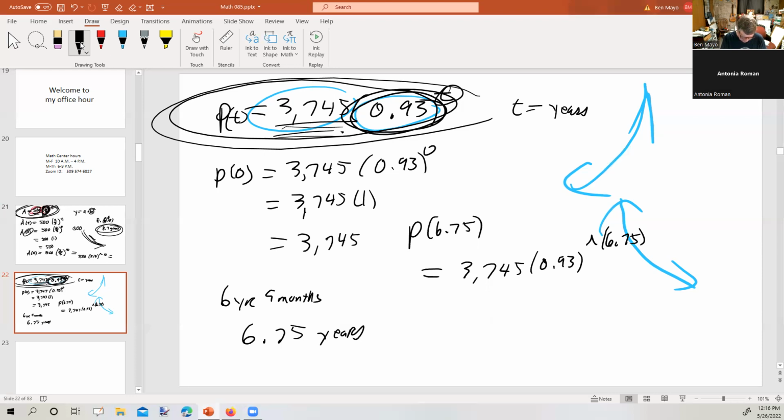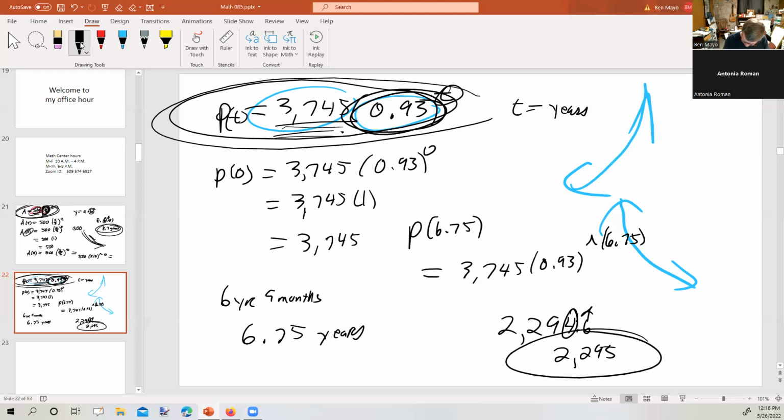So 3,745 times parentheses 0.93 close parentheses, use the little caret key, 6.75, equals, and I get 2294.6. It doesn't say anything about what to round, but if we round it to the nearest whole person, the 6 would round up. So the population would be 2,295.